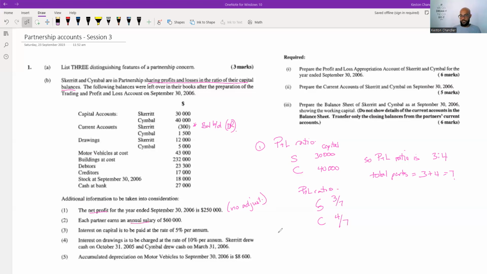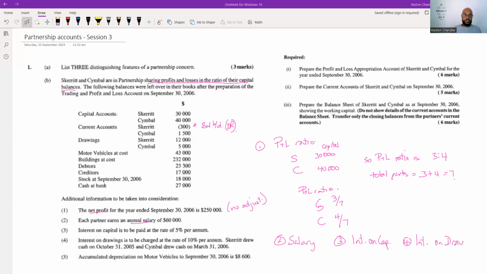Salaries, so you might want to make a note of that. Remember, we say that's something to consider. Interest on capital is another thing to consider, so you need to work those out. Interest on drawings is something else that I need to consider, so you need to work that out.